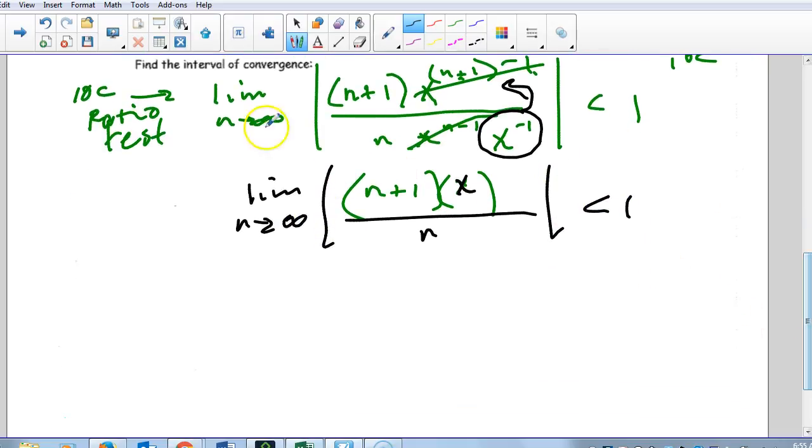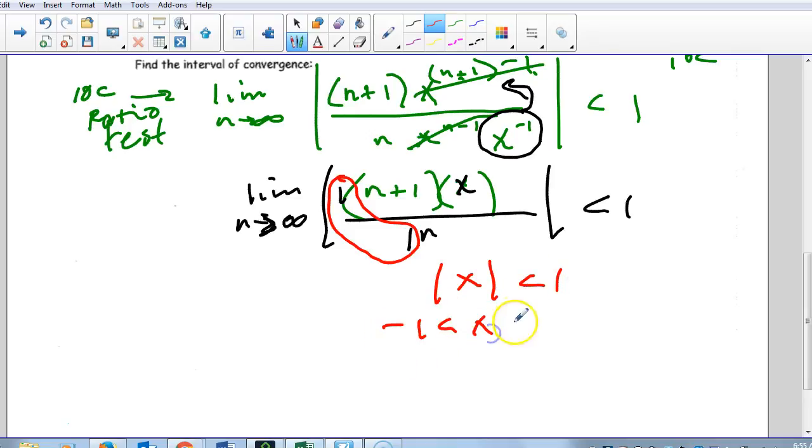Well, the only variable that's changing is n, and the ratio of the coefficients guarantees that those are going to go to 1. So I do have absolute value of x is less than 1, making x somewhere between negative 1 and 1. I got to test negative 1. I got to test 1.